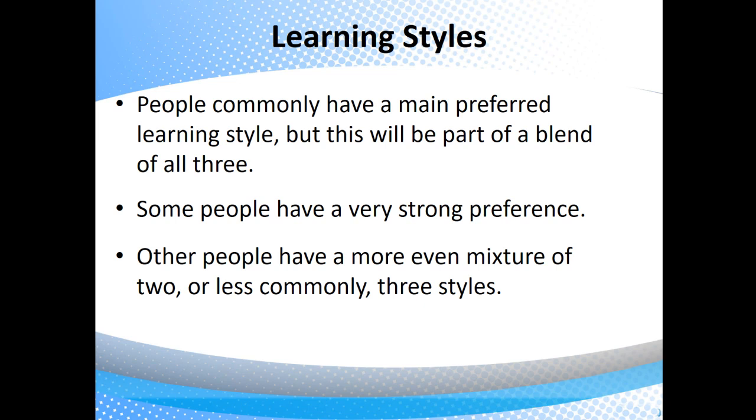If your main style is auditory, it will stand out more than the other two. A lot of people mix one or two of the learning styles, for example visual and auditory.